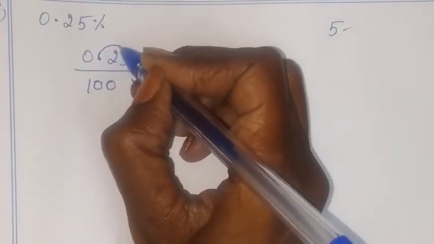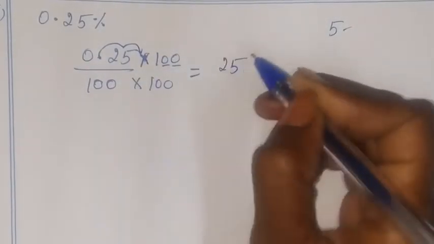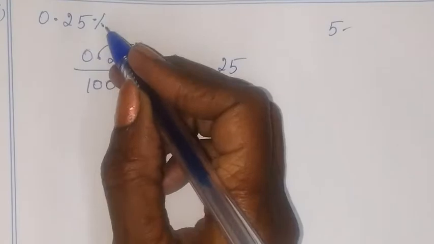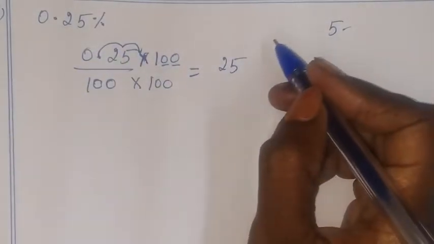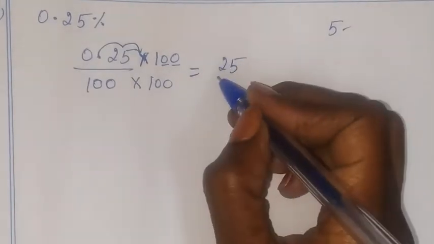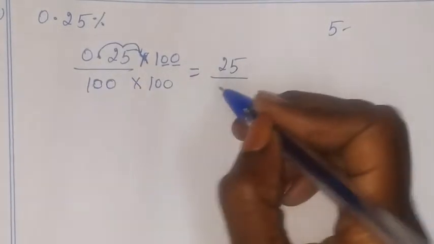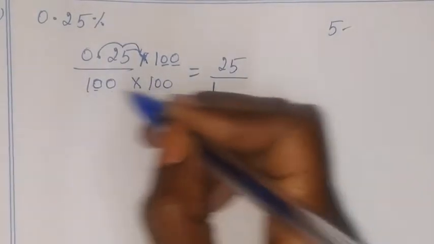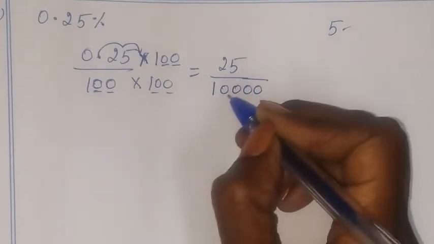So it will become 25, and the 0 before it we need not write, because if 0 comes before any number there is no value for that 0. So 25 by 100 into 100 is 1 and 4 zeros, here 2 zeros and here 2 zeros, so 10,000.